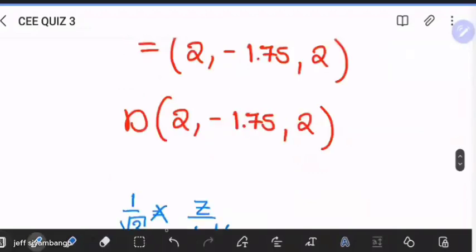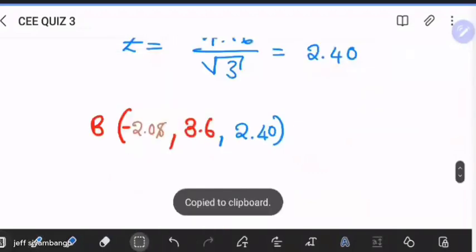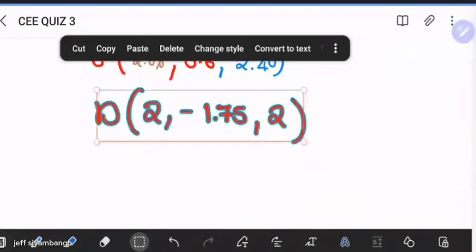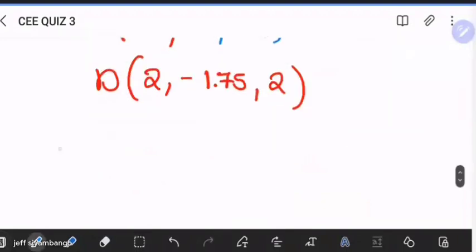And remember, we also figured out what D was earlier. With B and D figured out, we can now determine the displacement vector that runs from D towards B. For a displacement vector, it's where you're going minus where you're coming from.